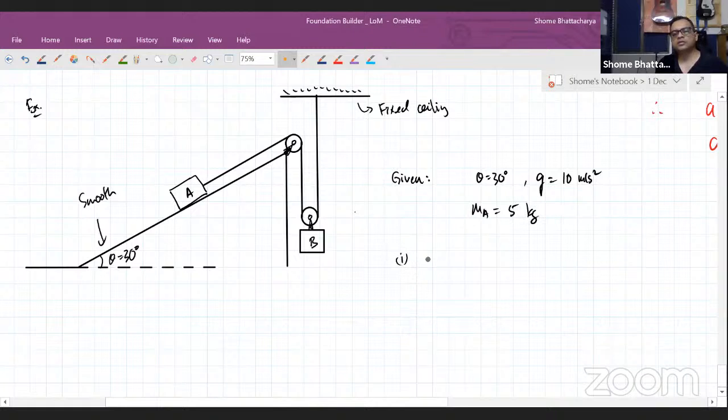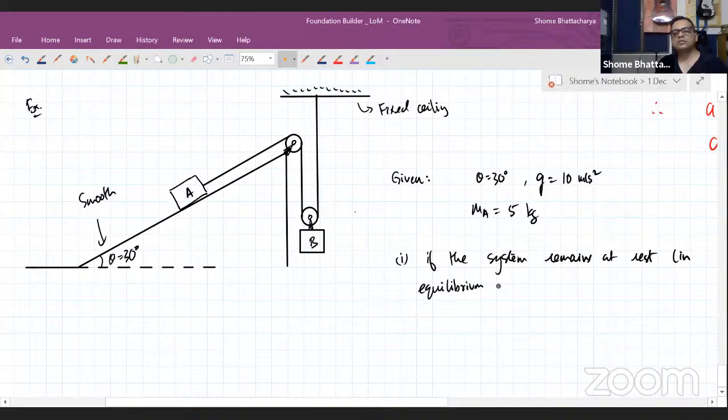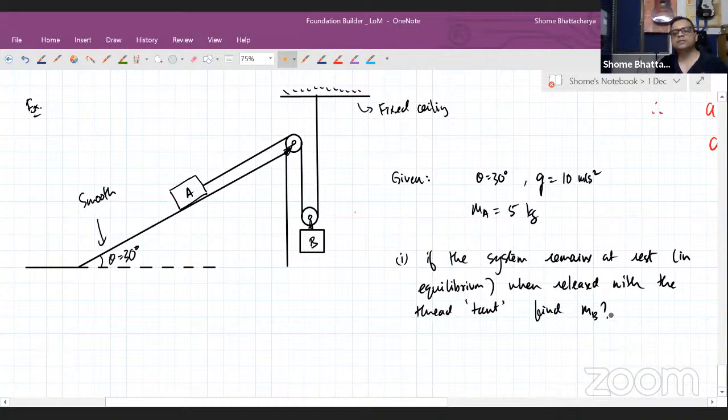Now first part, if the system remains at rest, that is in equilibrium, when released with the thread taut, find the mass of B.